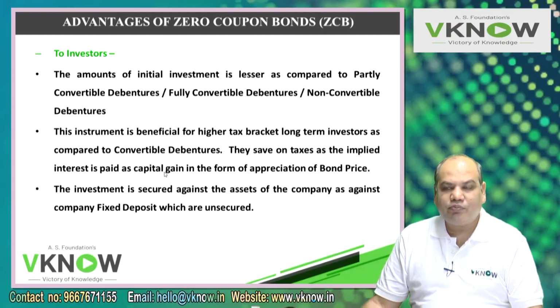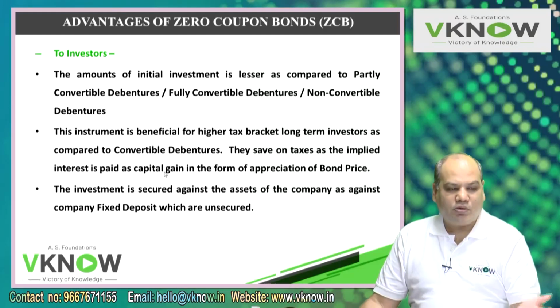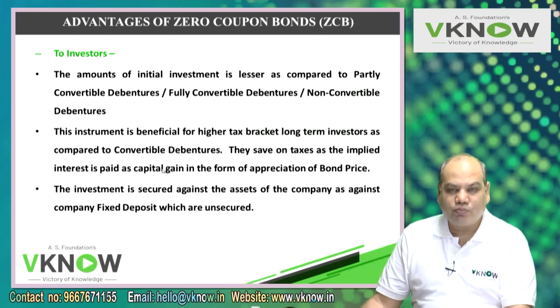Benefit number one, you will be taking the indexed cost of acquisition. Benefit number two, long-term capital gain will be taxed at a low rate of taxation, and this investment is secured against the assets of the company.